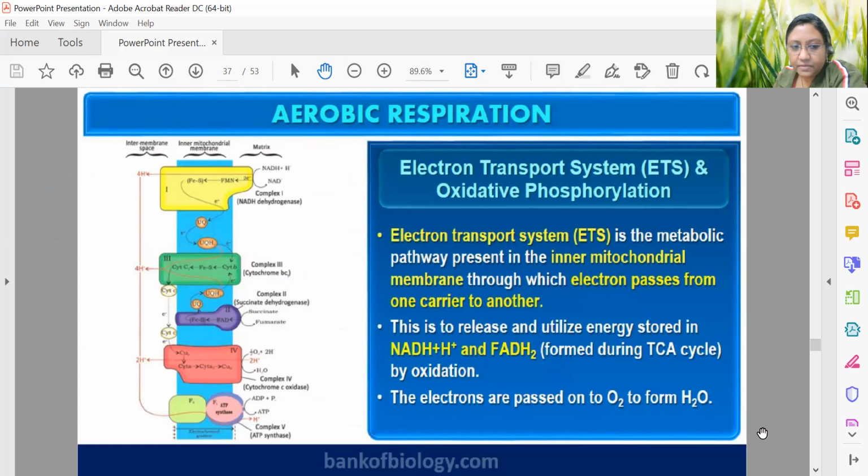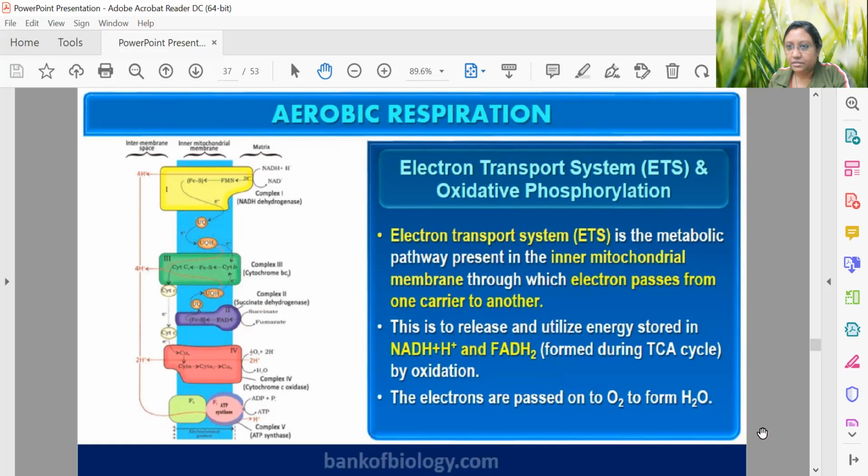Because this is the way the high energy electrons are transported, and while they are getting transported, indirectly we are using their energy to produce ATP. And it is also called oxidative phosphorylation. So its three names each have their own reason.